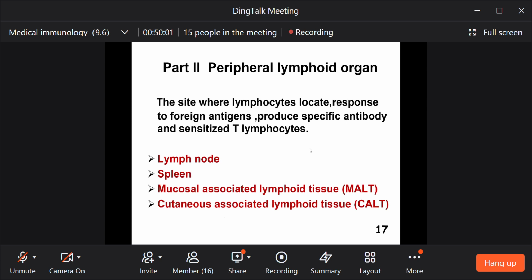Here we will introduce four kinds of peripheral lymphoid organs: lymph nodes, spleen, mucosal associated lymphoid tissues, and cutaneous associated lymphoid tissues.